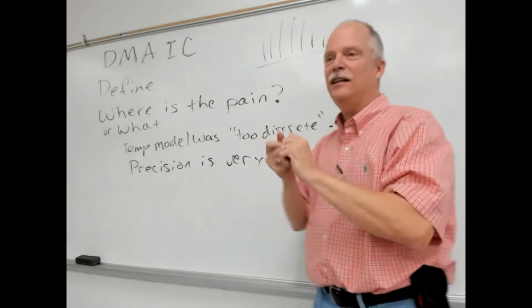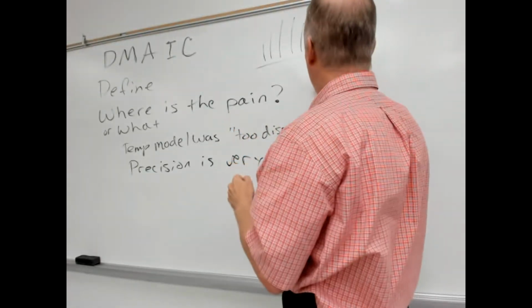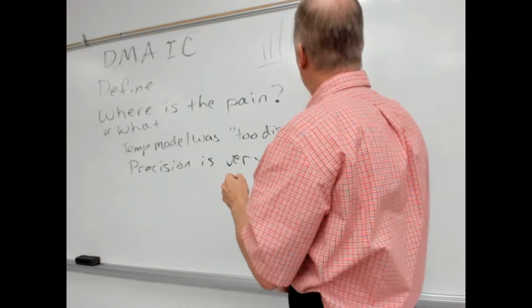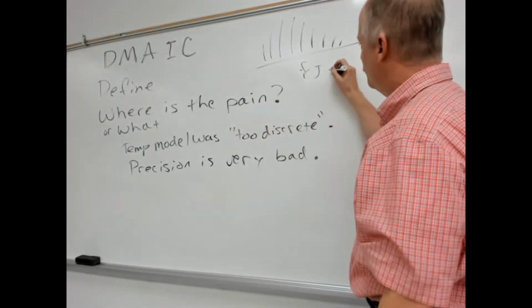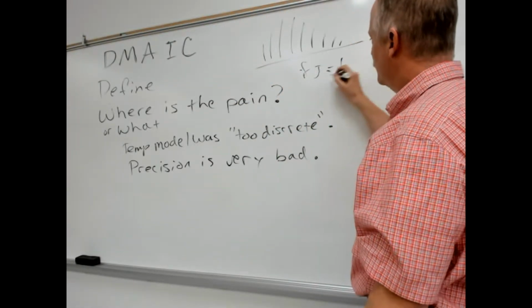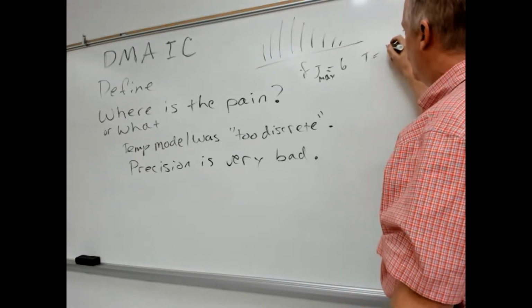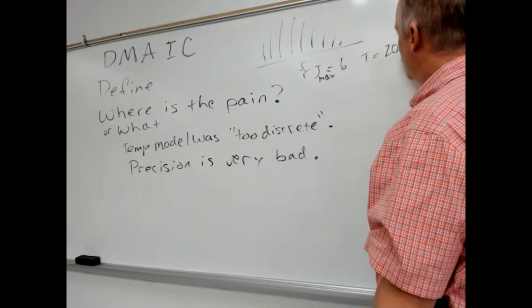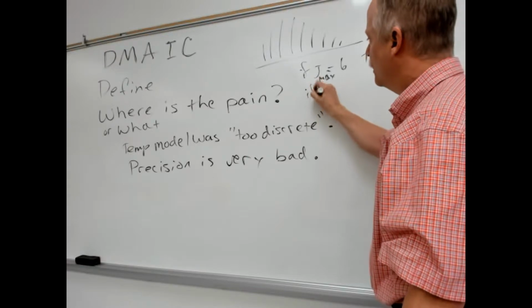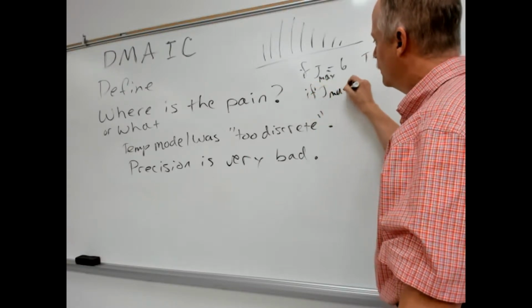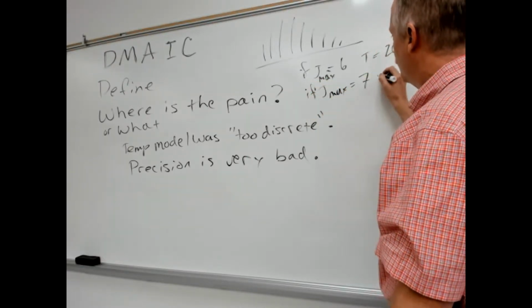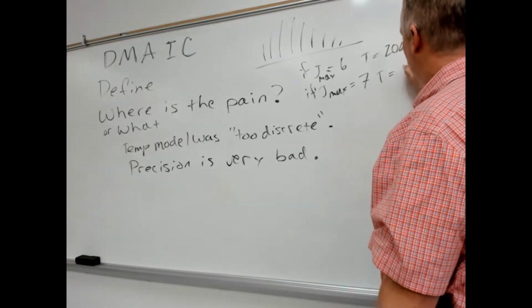So let me tell you the data that we just came up with. So I said if J, so we go and measure a little bit. If Jmax equals 6, T was, what did I say, 200, okay? If Jmax equals 7, T was, I'll say 350.